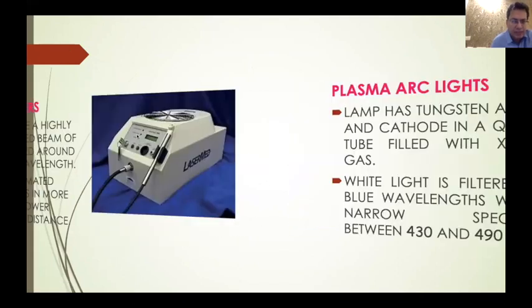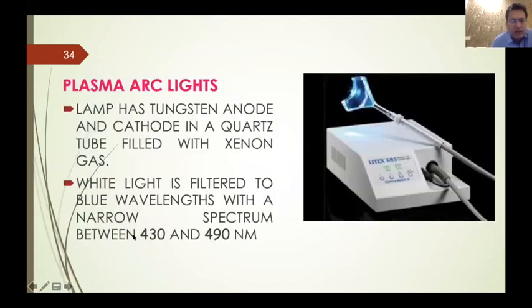Plasma arc. Plasma arc is a light which is filtered to the blue wavelength with a narrow spectrum of 430 to 490 nanometer. So this is using a quartz tube filled with xenon gas. Now, only a 3-second cure is needed. So if you were to bond multiple brackets, a 3-second cure is the best way for curing your teeth.